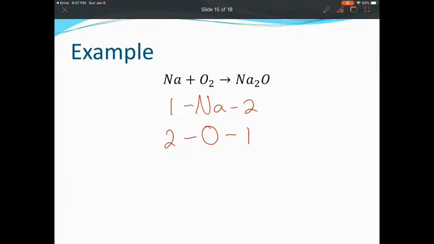So looking here, sodium has 2 on the product side, and 1 on the reactant side. So first, we're going to try to increase the number on the reactant side. We could put a 2 as our coefficient here, which means now we have 2 sodiums on this side and 2 sodiums on the product side. Well, that looks balanced to me.